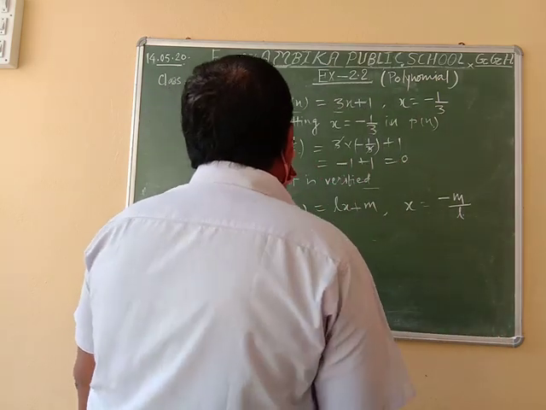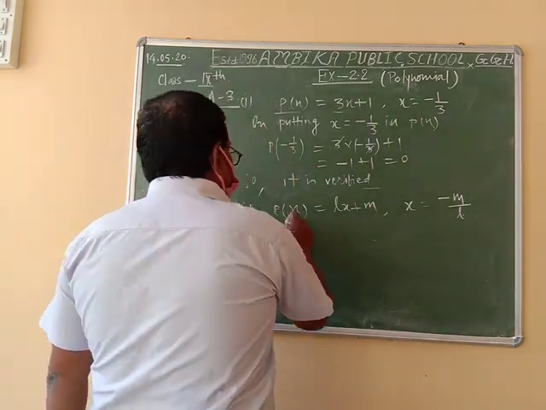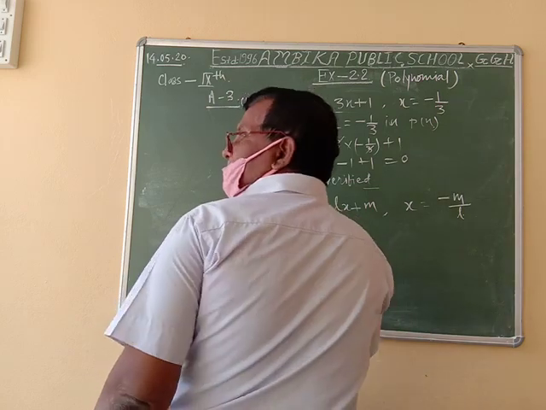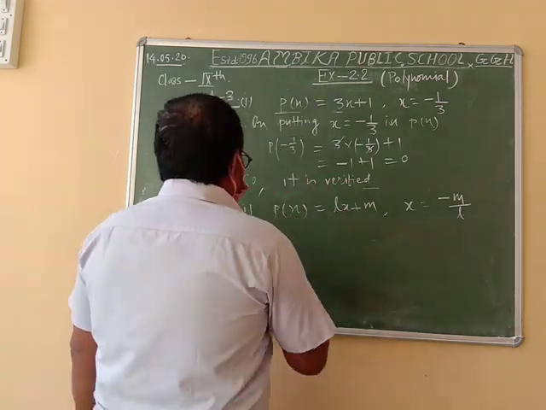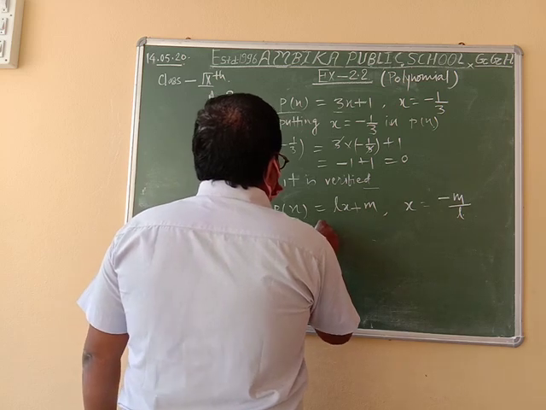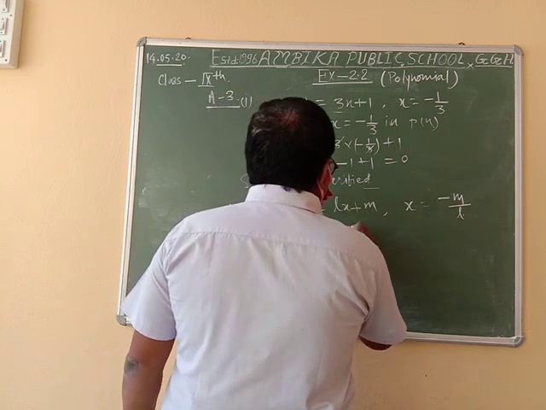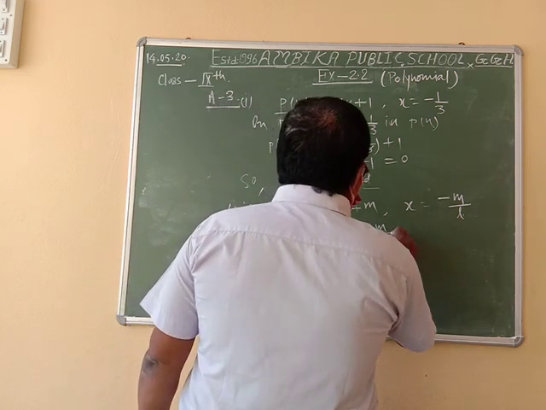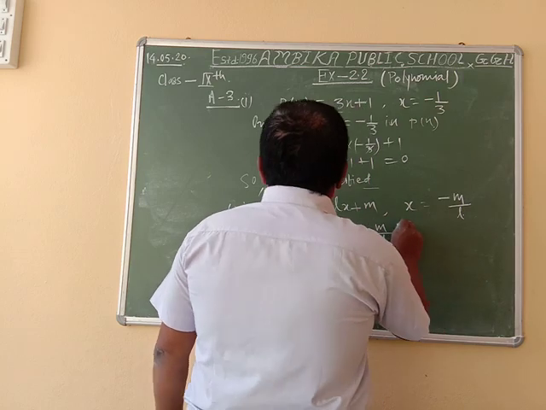To verify p(x) is equal to lx plus m, on putting x is equal to minus m by l in p(x).